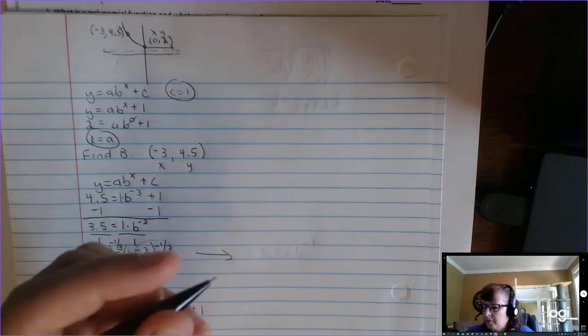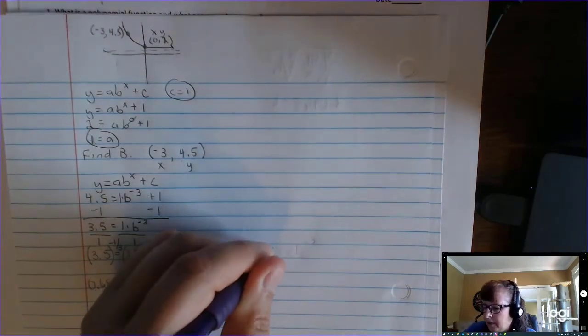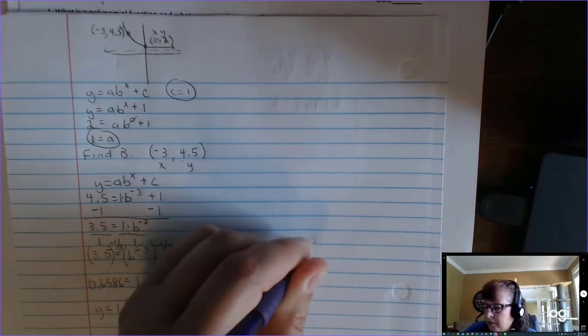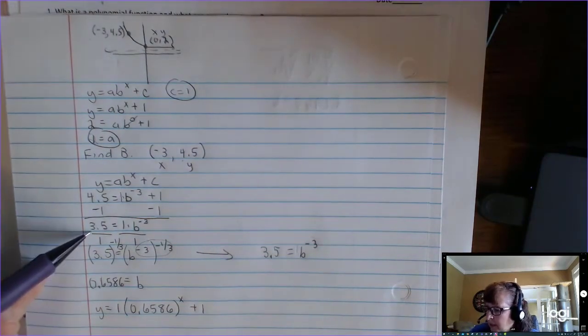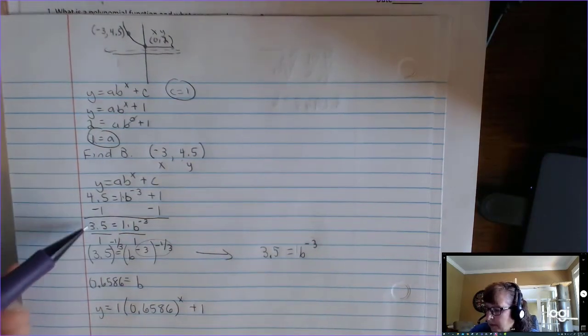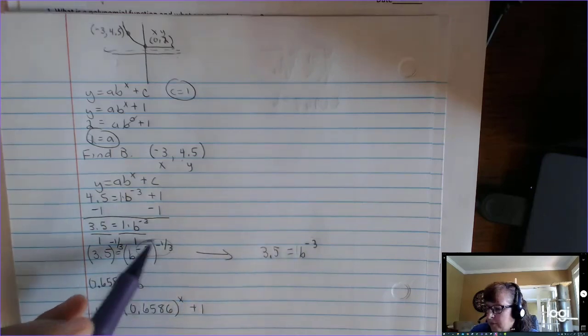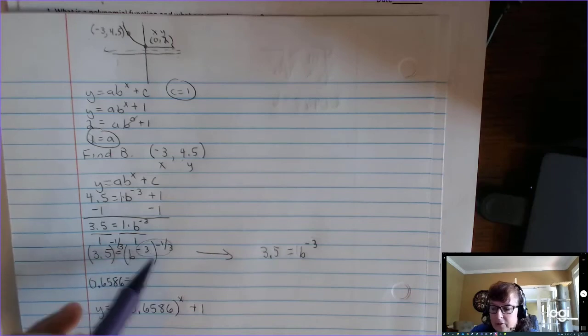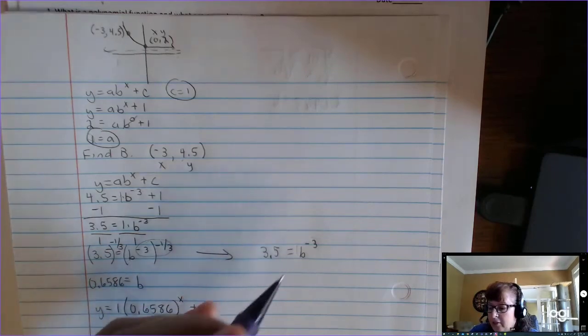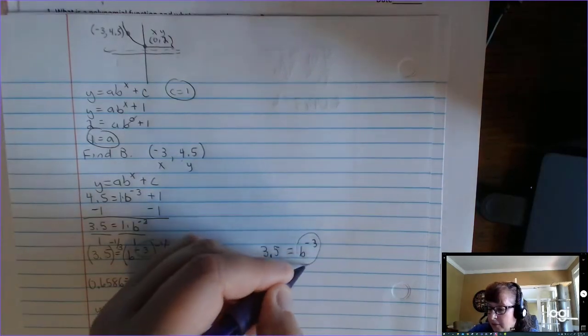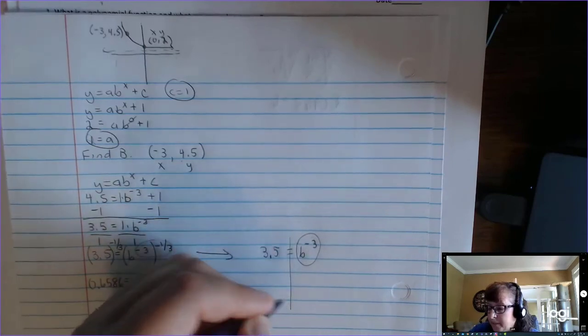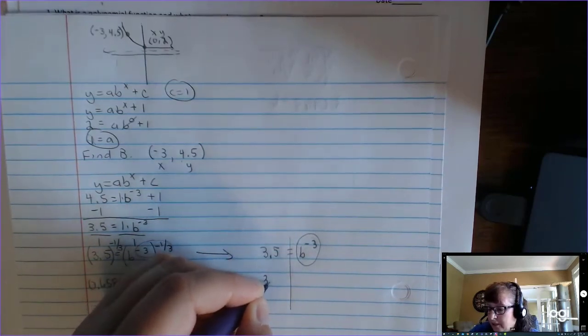Okay, so let's go back to this key step right here, and I'll show you the other way students might decide to solve it. You still need to divide by 1 and get 3.5 equals b to the -3. Raising stuff to the reciprocal power is new, so some people like to do this. You can use the negative exponent rule right here, but remember, you're not changing the left side.